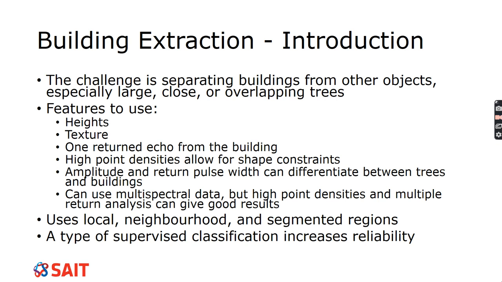And so if we have a lot of points, we can say, okay, anything that has 90-degree angles in it is probably not a tree. It is most likely part of the building, especially when it comes to the horizontal. I don't know many trees that have exactly 90 degrees with nothing coming off of it, right? So that shape constraint is really helpful.